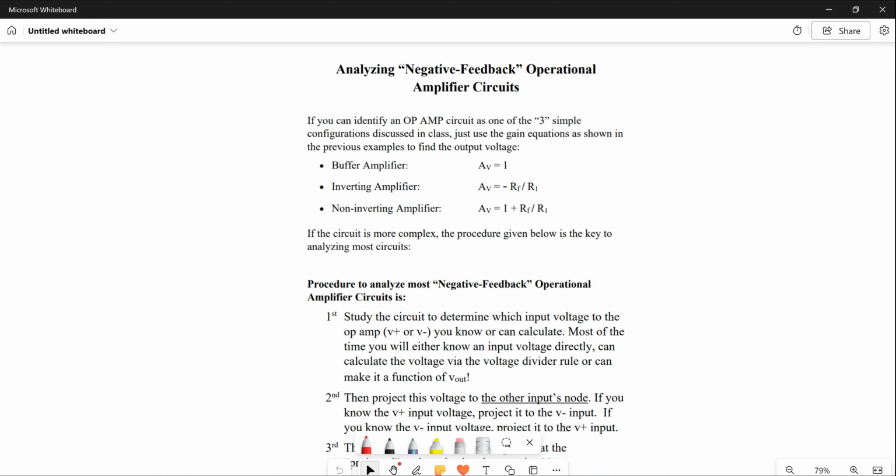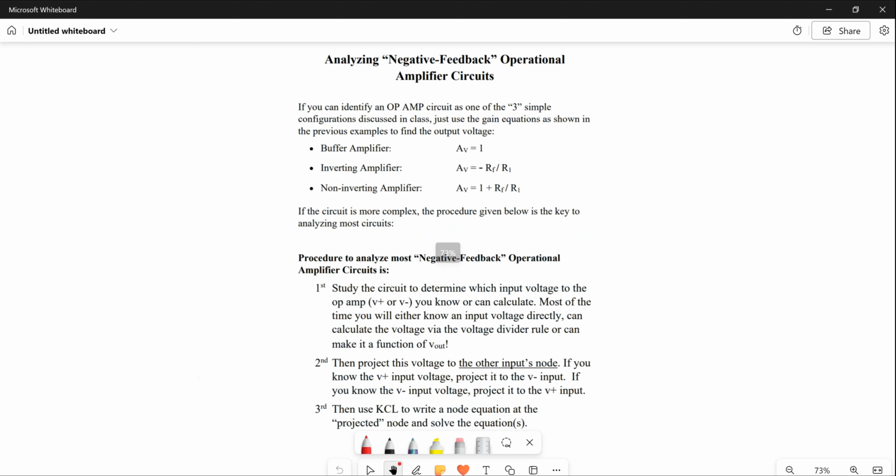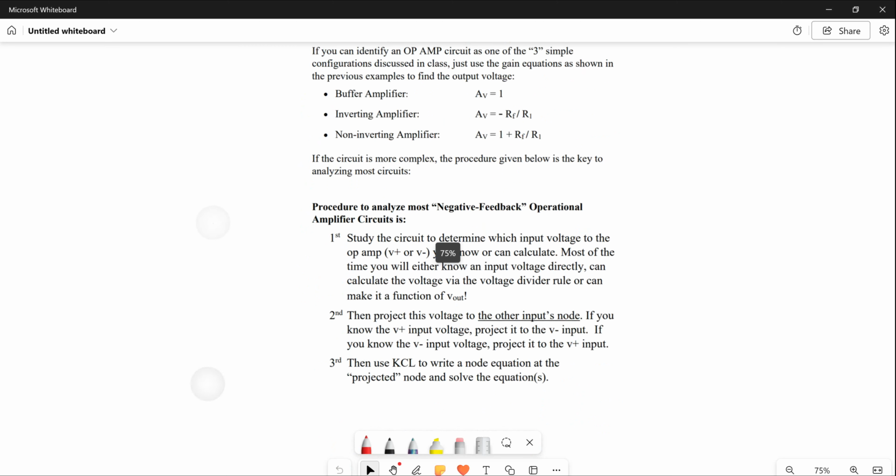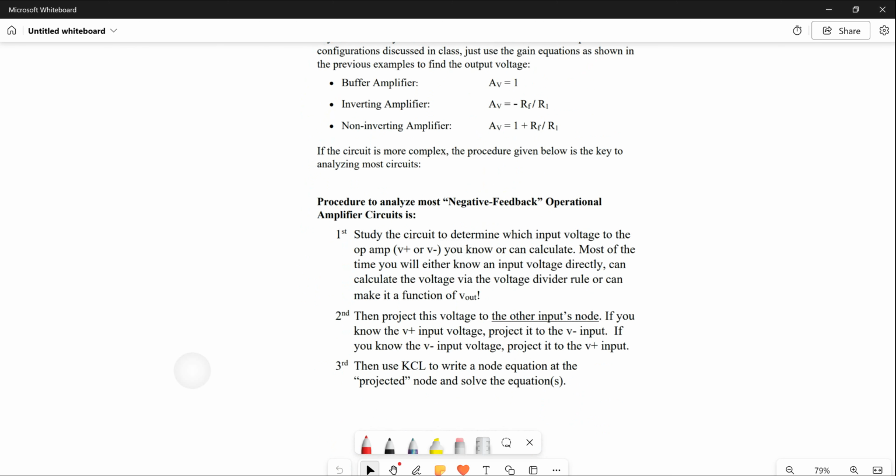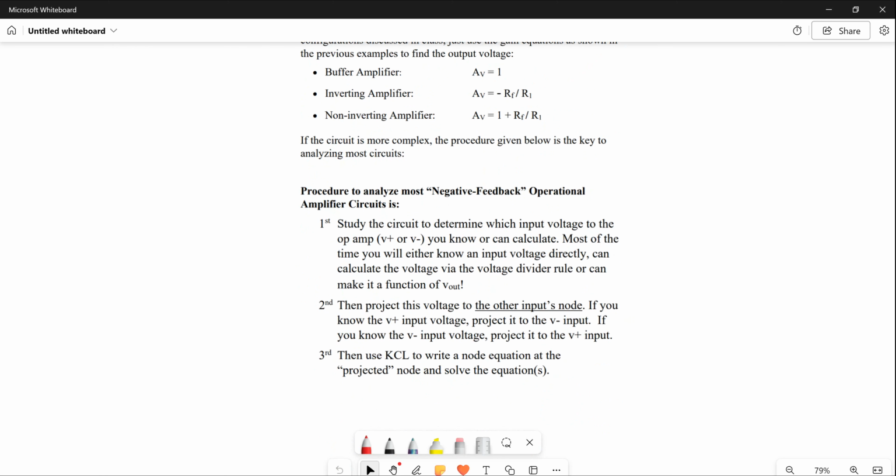However, if the circuit is more complex, the procedure below is key to analyzing most circuits, and that is really what I've been doing. I've really been doing nodal analysis without telling you, but that's how you can ignore the operational amplifier. I hope that this video lecture on op amps made easy helps you understand them a lot better.